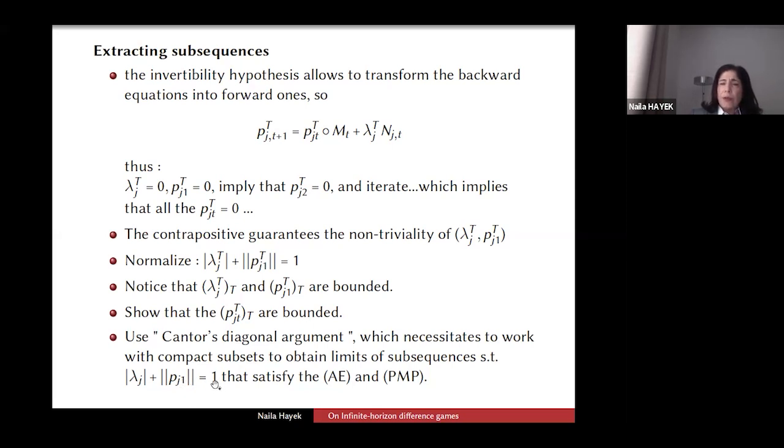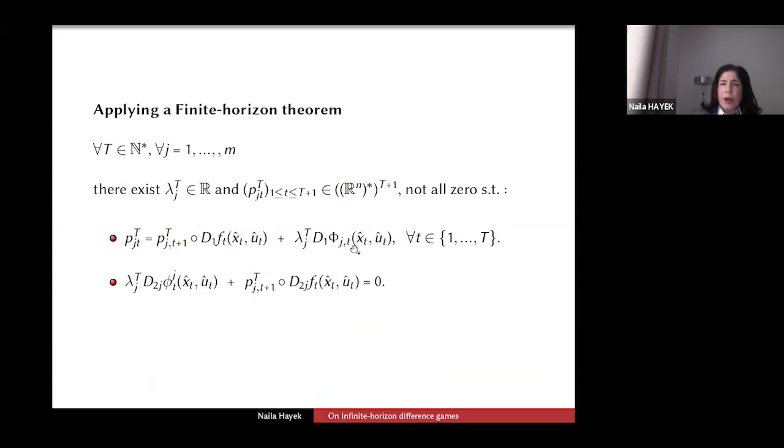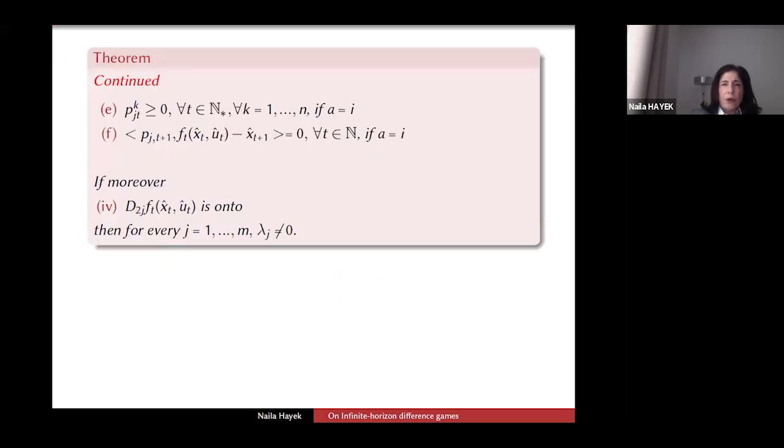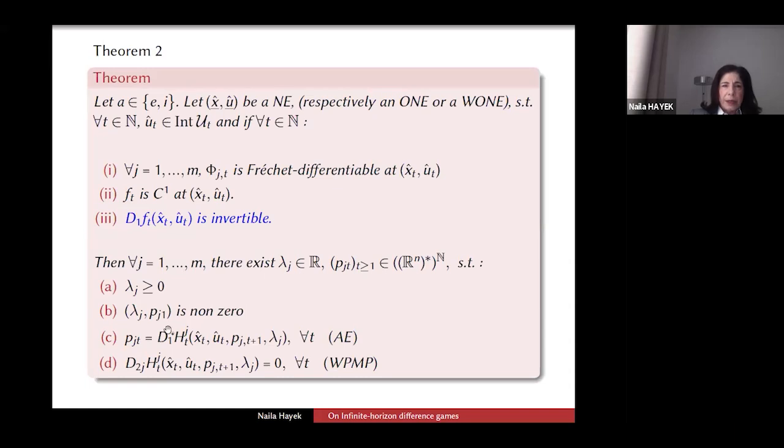And for every small t, the limits of my subsequences will satisfy these two conditions, but now it is not for pt, it is for pjt and lambda j. Okay, so I get this, and it will be true for every t.